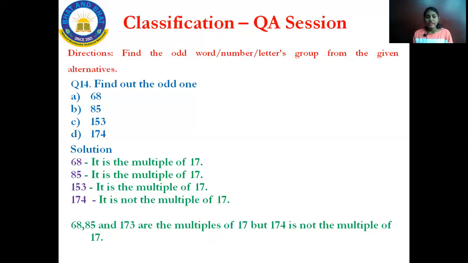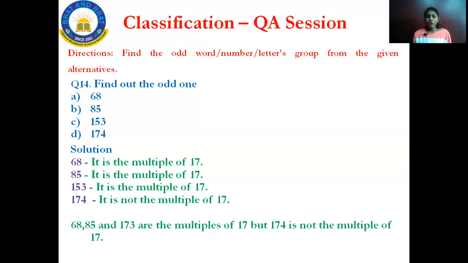And then 17 nines are 153. But 174 will not come in the 17 times table. See here, 85, 68, 153 are multiples of 17, but 174 is not a multiple of 17.